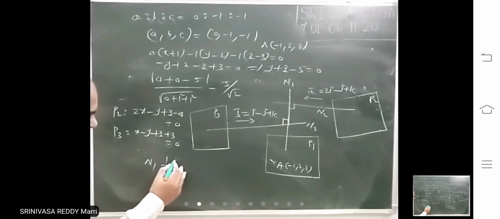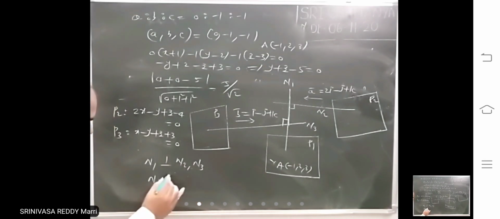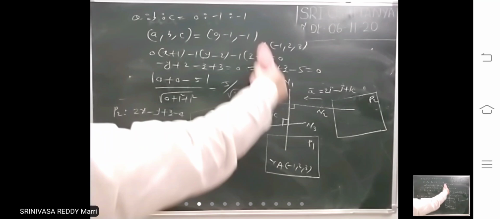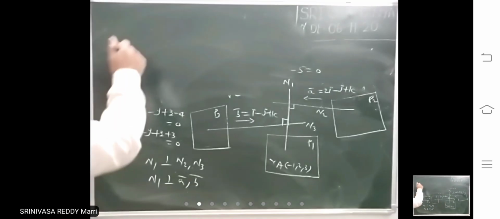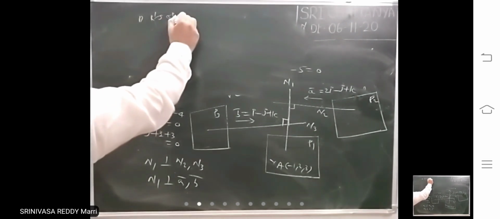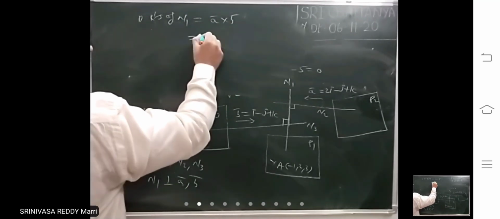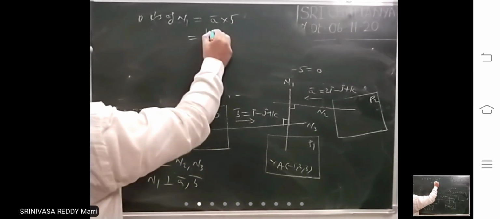That means n1 is perpendicular to n2, n3. That means n1 is perpendicular to a bar, b bar. That means normal 1 is perpendicular to two vectors. Therefore DRs of n1 is nothing but a bar cross b bar. Instead of writing those two conditions, you can write a bar cross b bar.